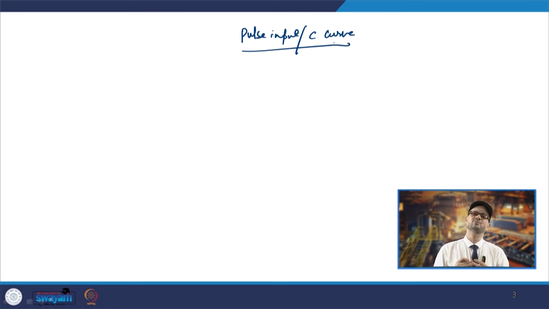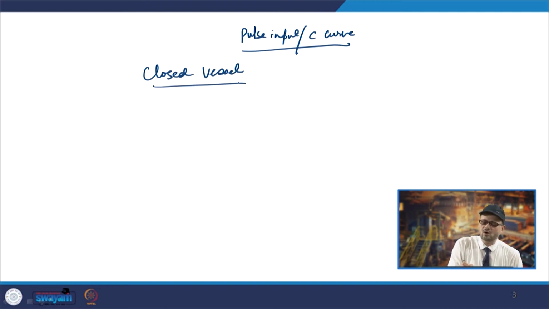When we talk about the pulse input, we are talking about different cases, and suppose we take the closed vessel. You may have the case of a closed vessel or an open vessel. In the closed vessel, at the input as well as at the output there is no dispersion.